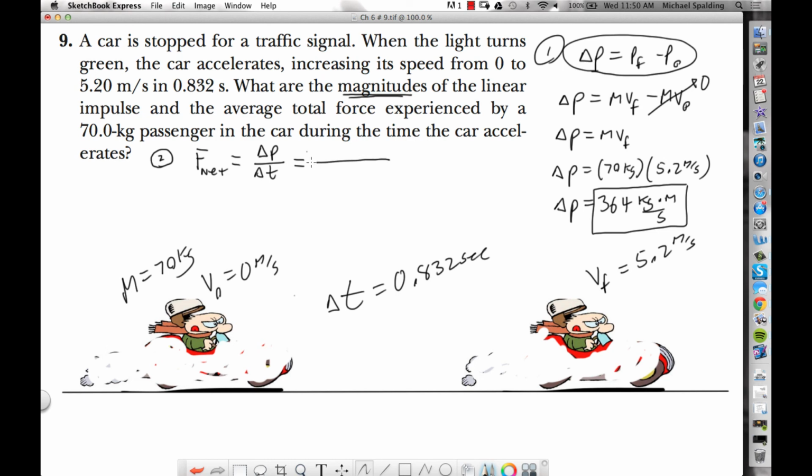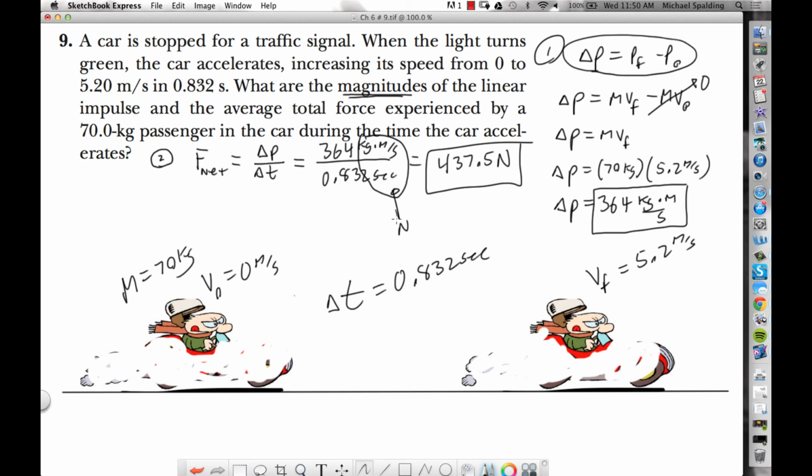Do we have the change of momentum of the guy? Yes. His change of momentum is 364 kilogram meter per second. And then the time that it takes to change the momentum is 0.832 seconds. So this comes out as 437.5 newtons.